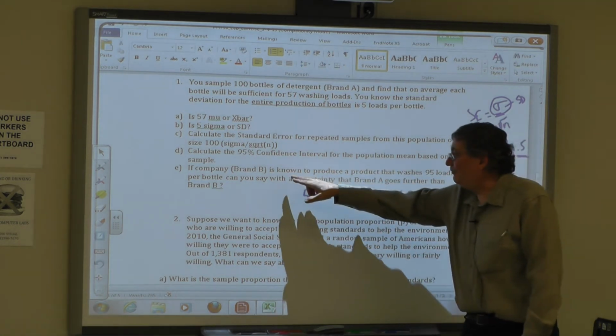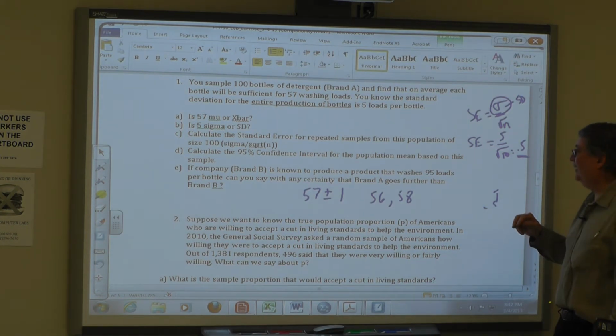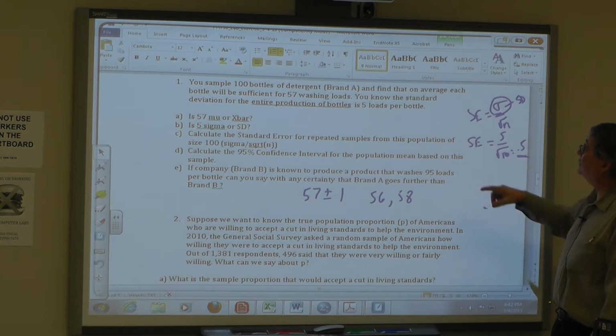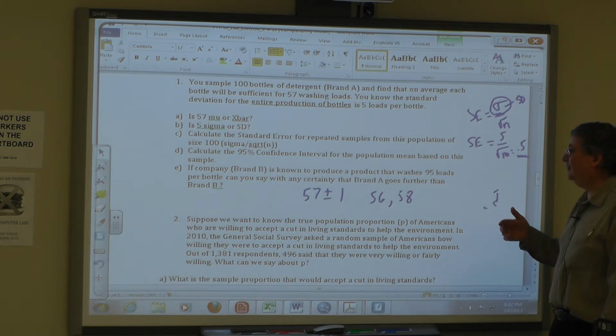Okay, if company brand B is known to produce a product that washes 95 loads per bottle, can you say with any certainty that brand A goes further than brand B? Or the other way around? Oh, you know what it is? I thought that's supposed to be 55 loads per bottle. Okay, brand B does 55 loads per bottle.